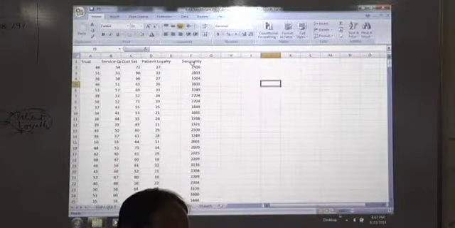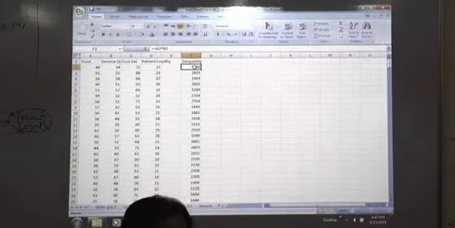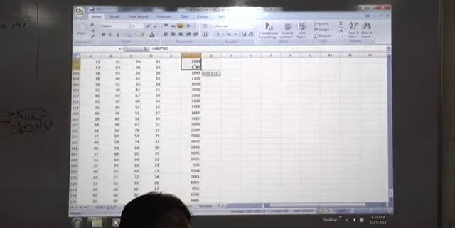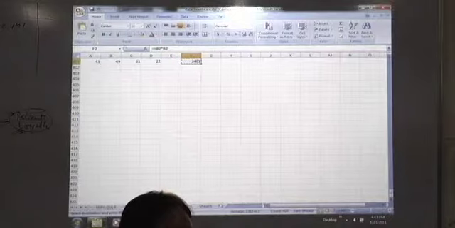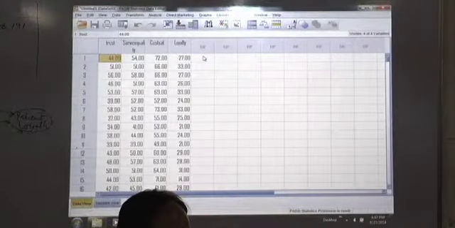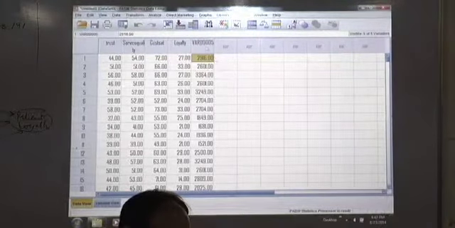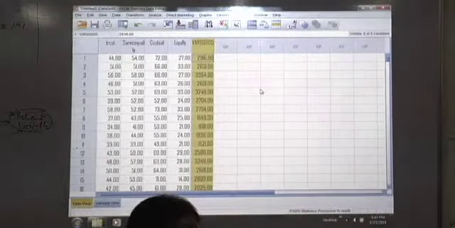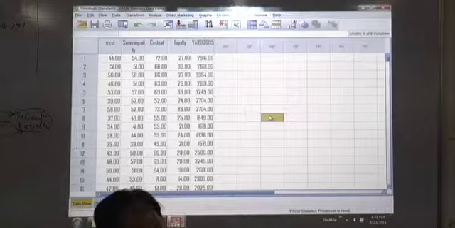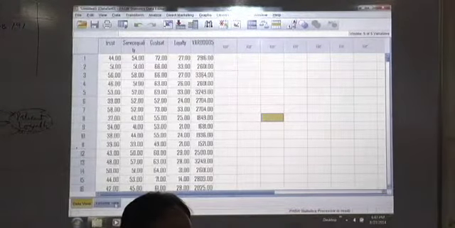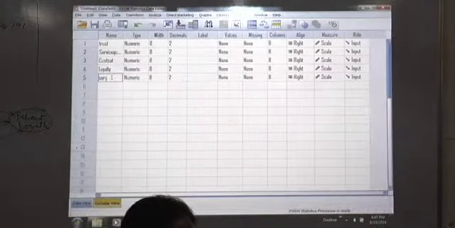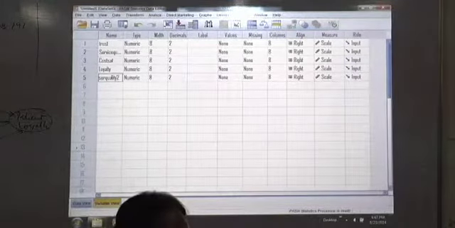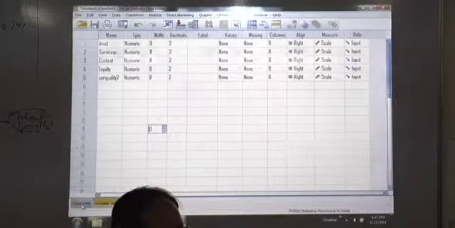All right, I will copy this also, and make it service quality 2, indicating square.